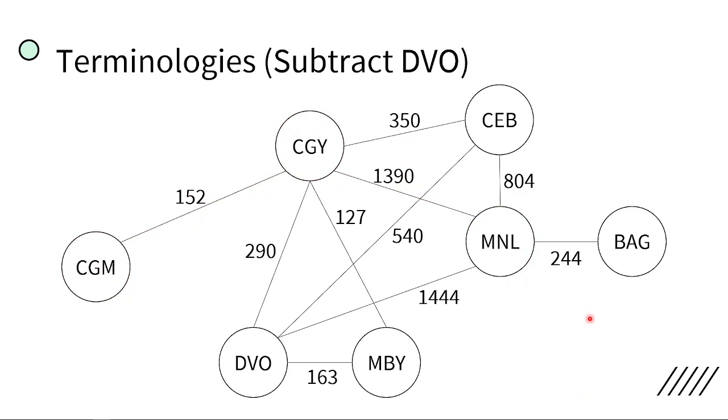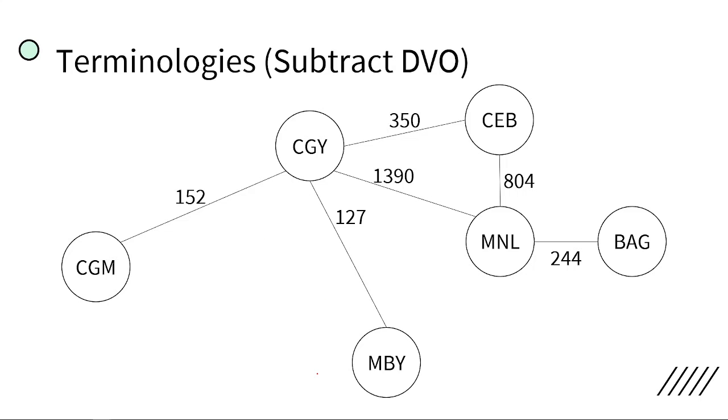Next, we have subtract. So we'll try to subtract Davao. If we subtract Davao, the edge from Cagayan to Davao disappears, the edge from Cebu to Davao disappears, the edge from Manila to Davao disappears, and the edge from Davao to Malaybalay disappears.